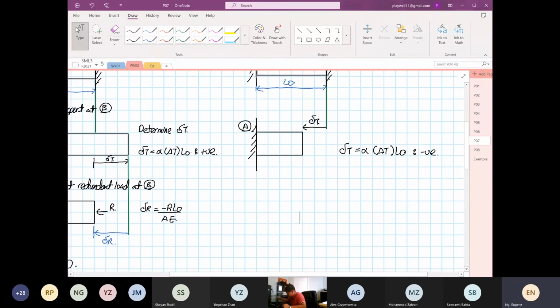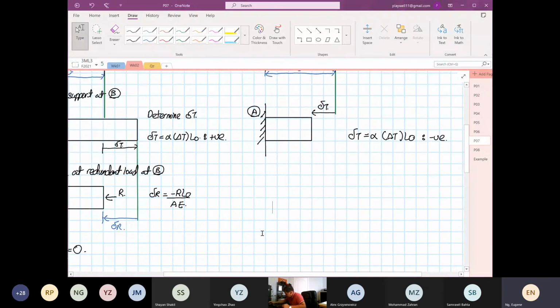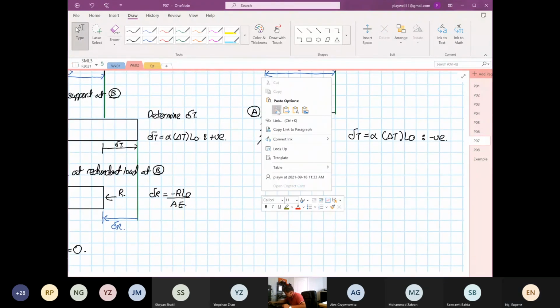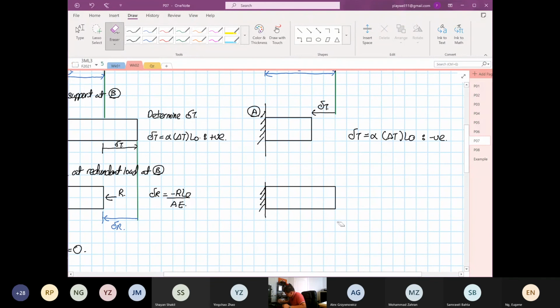So from here, again, we have to push it back to 0 deflection. I'm going to change the direction of the arrow. We have to pull it back with R in this direction. Why do we have to pull it back?